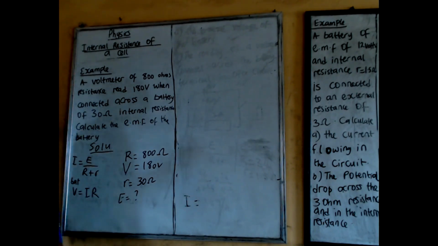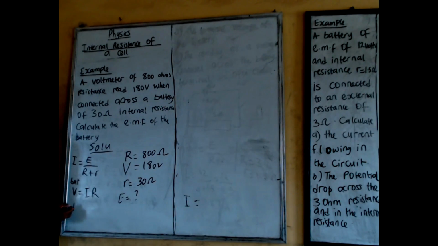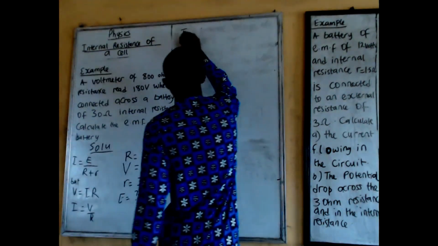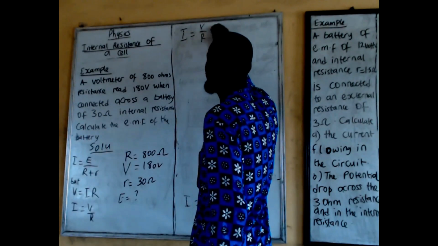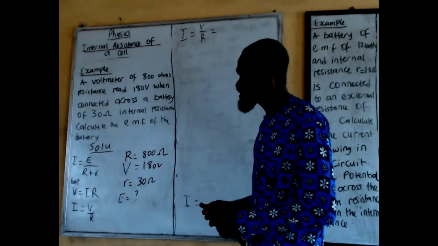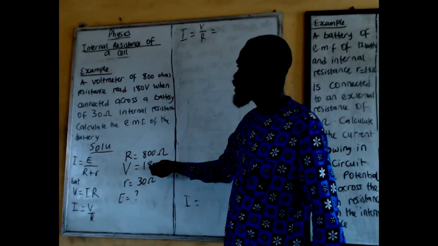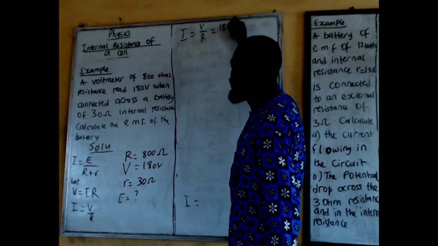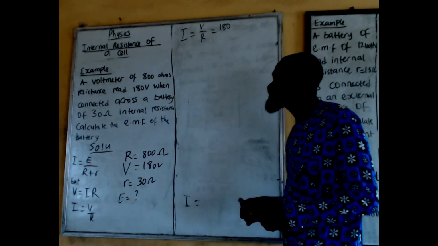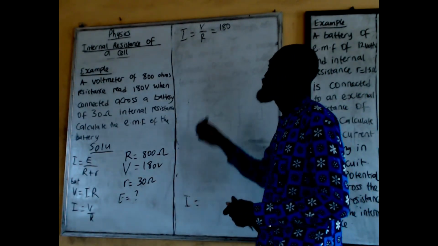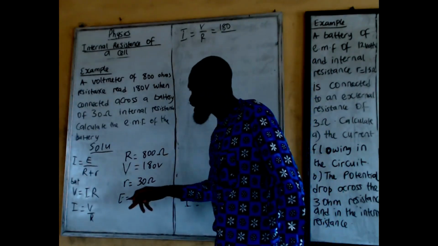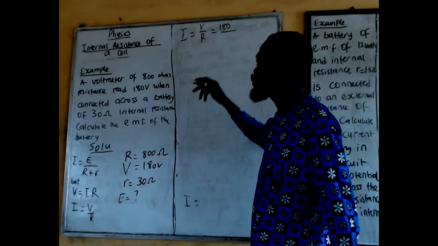So I, making it the subject of the formula, will be V over R. Our V, the reading, was 180 volts, which is the potential difference across the battery, over big R, which is the resistance of the voltmeter.